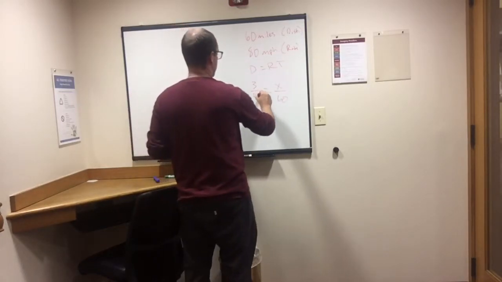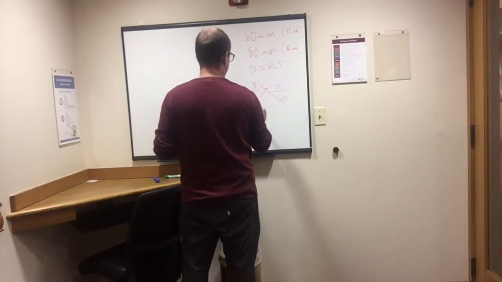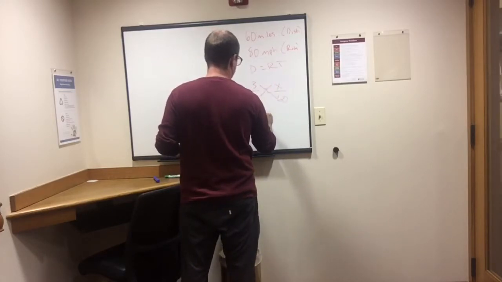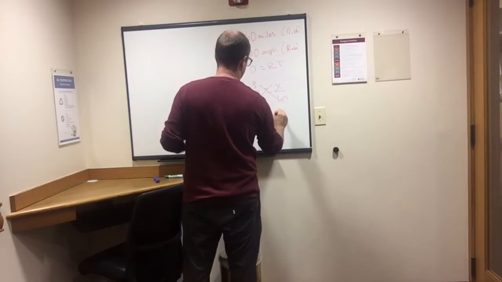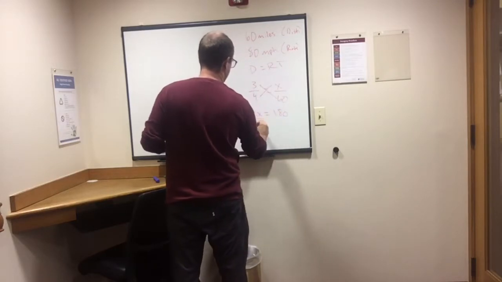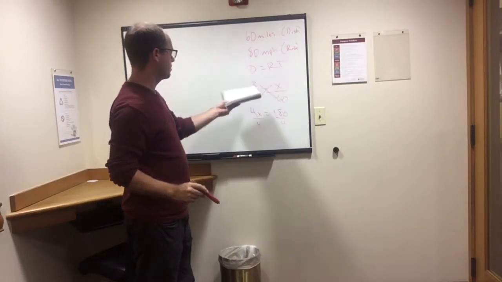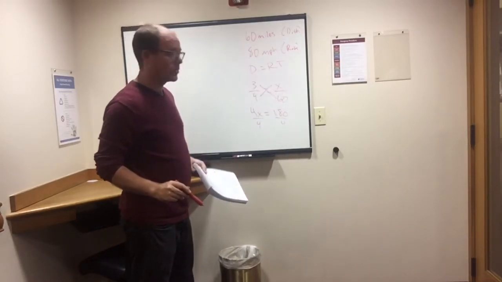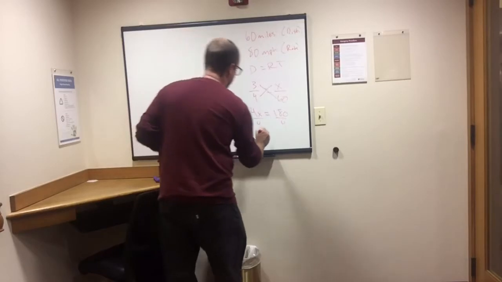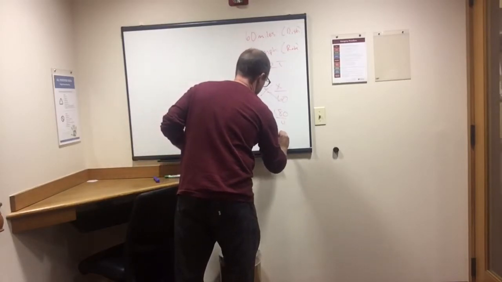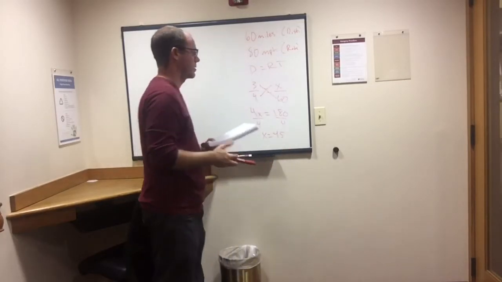Then we cross multiply these. 4 times x is 4x, 60 times 3 is 180. So 4x equals 180, and 180 divided by 4 is 45.